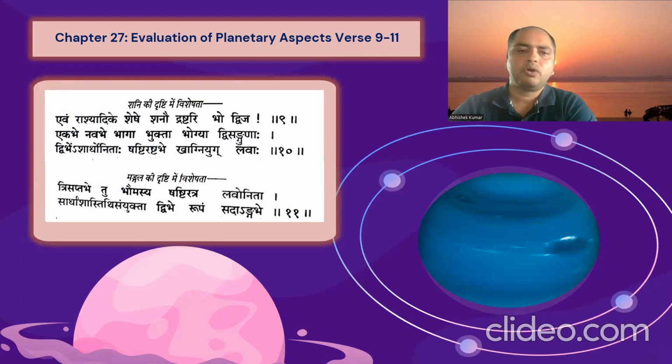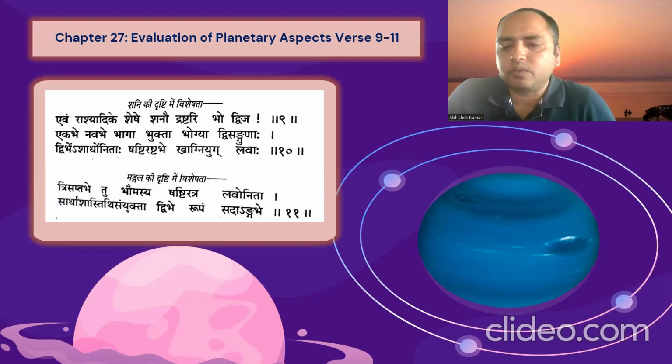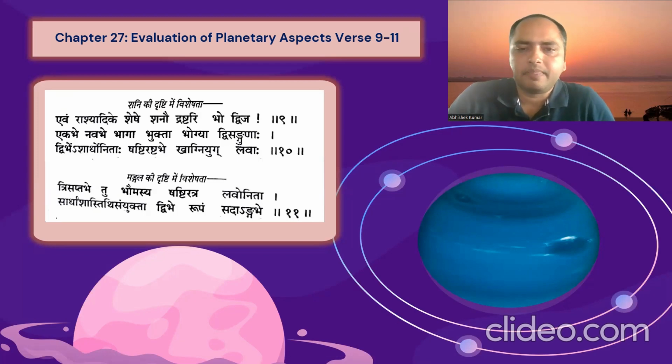Now Maharshi will talk about Saturn, Mars, and Jupiter separately. He is providing a separate rule for Saturn and then Mars and Jupiter. So we are going to Saturn through verse numbers 9 and 10. Let's come, imagine the verse first.